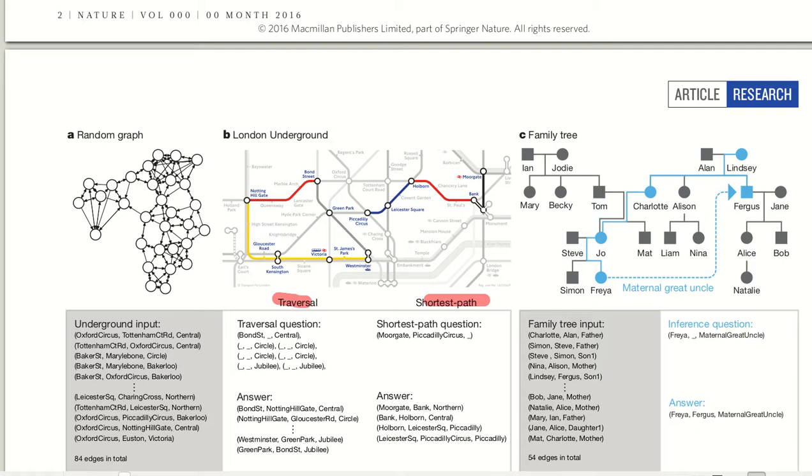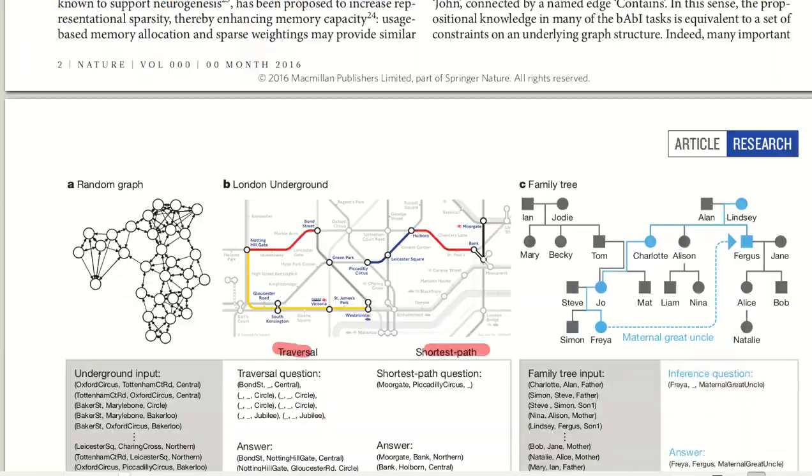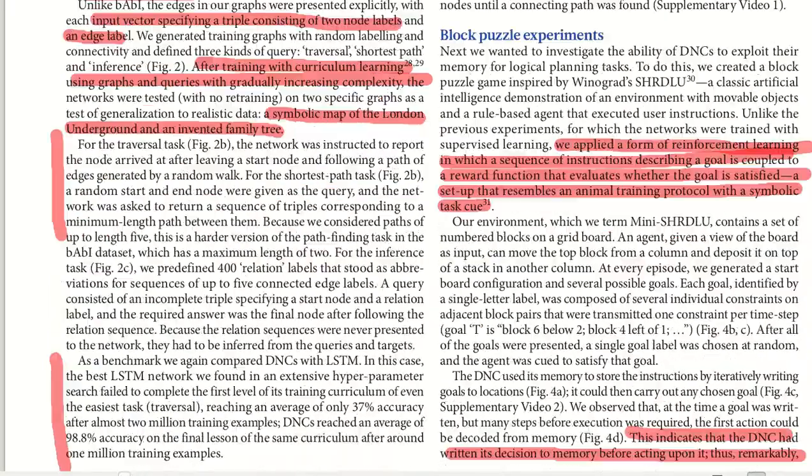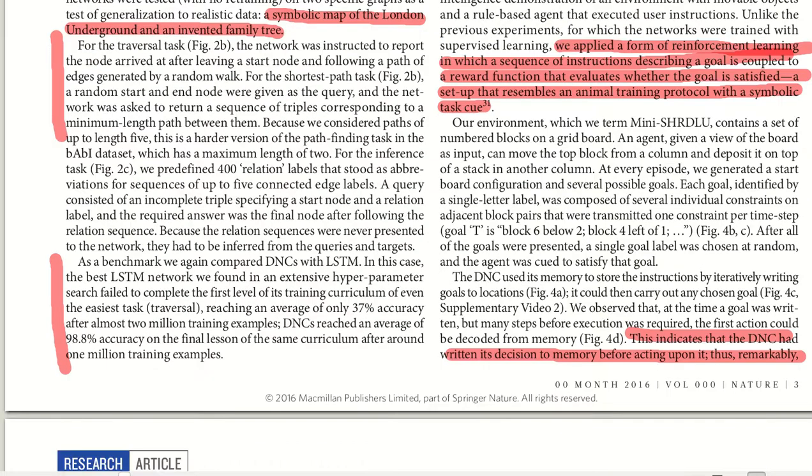Another one is, given two stations, the network has to return the shortest path between those two. They have some other examples with a family tree. Here we can see that in these graph examples, the DNC reaches an average of 98% accuracy, whereas other architectures like the LSTM, here they only talk about the LSTM.